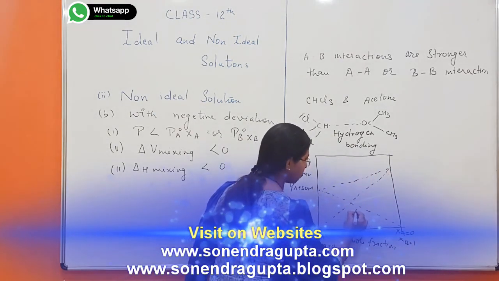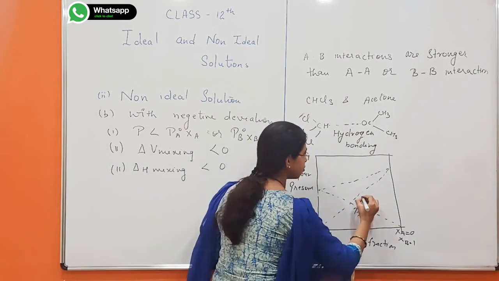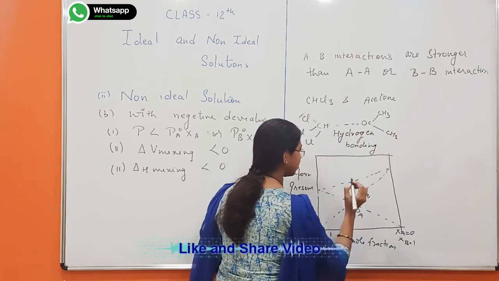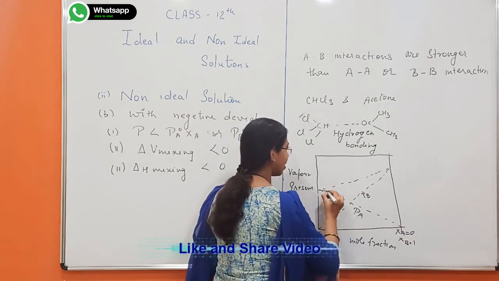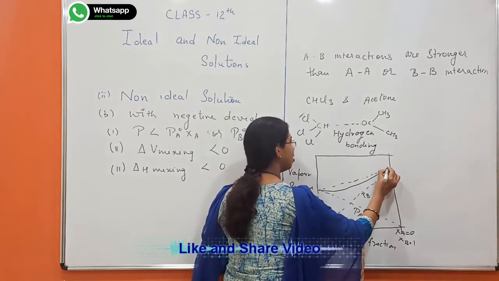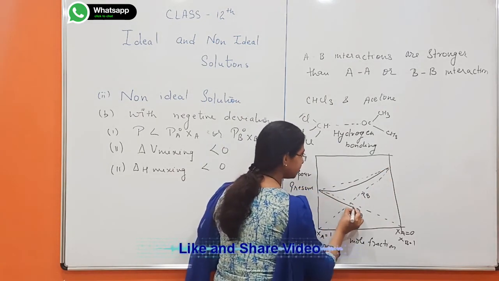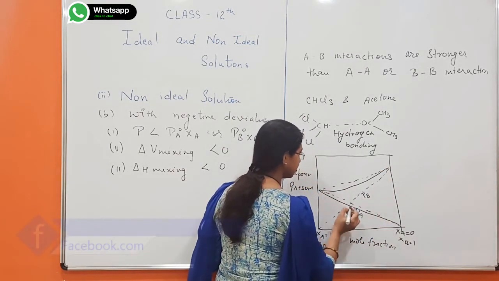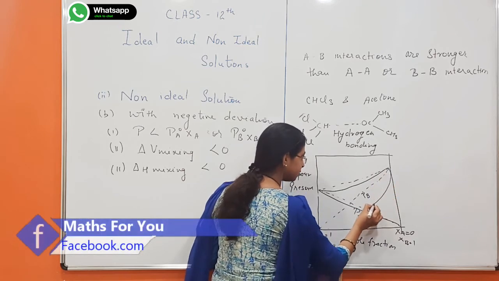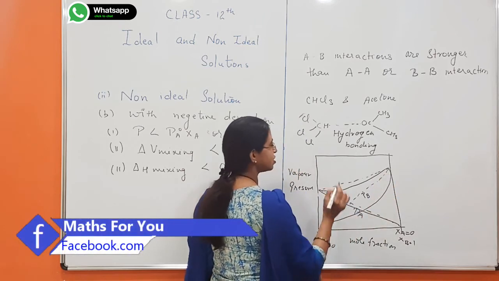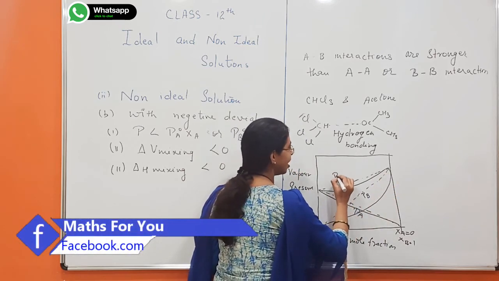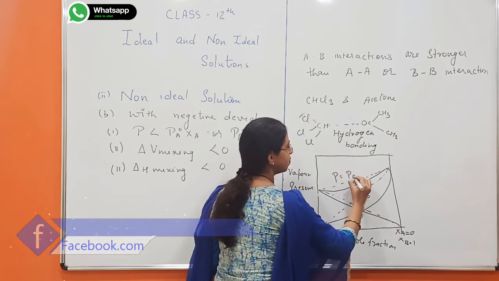This is for PA, this is for PB. Now here we form a lower depth. Likewise, this is for the non-ideal solution.